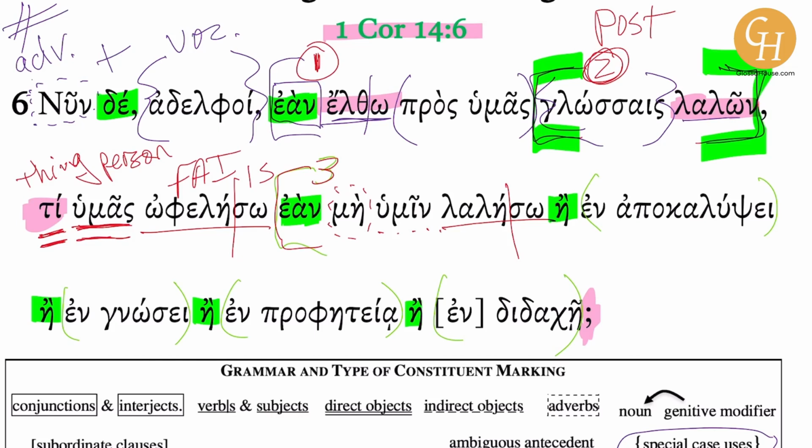So what will I benefit you? Me, unless. So really I should be taking that together. Ean me is another exception clause.